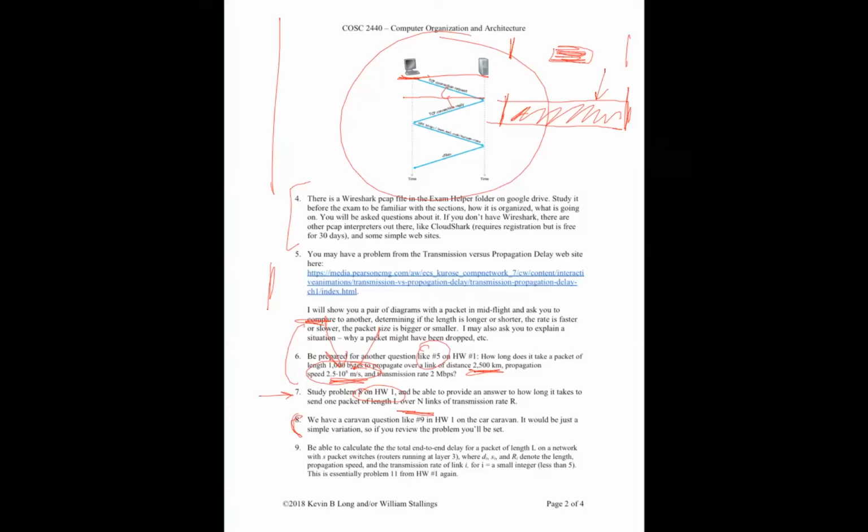And the question's probably going to be, does the first car arrive at the second toll booth before the first toll booth is done processing the vehicles? It'll be something like that. But I may ask you, how long does this road need to be so that the first car arrives at the second toll booth right as the last car leaves the first toll booth?